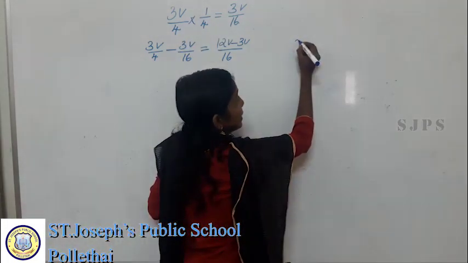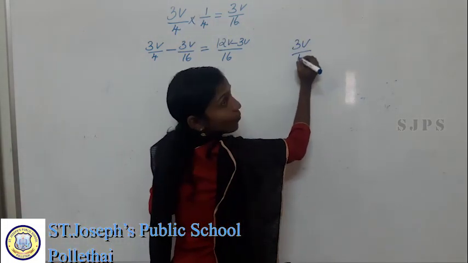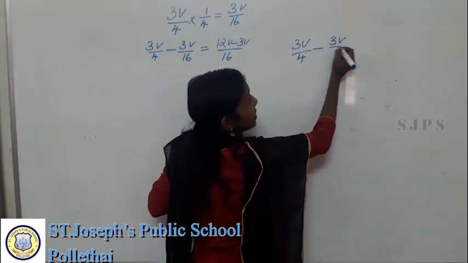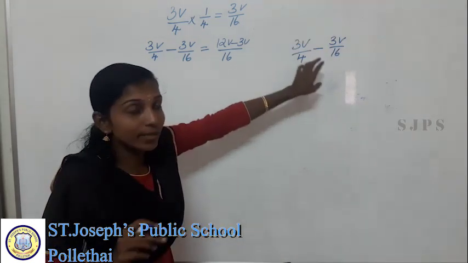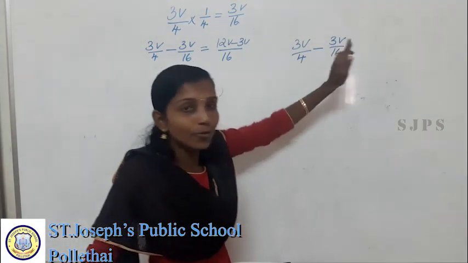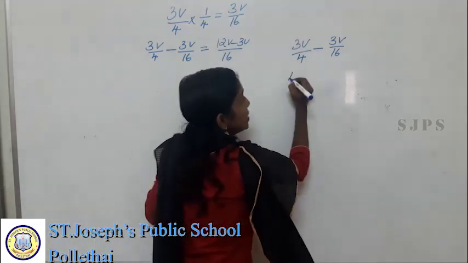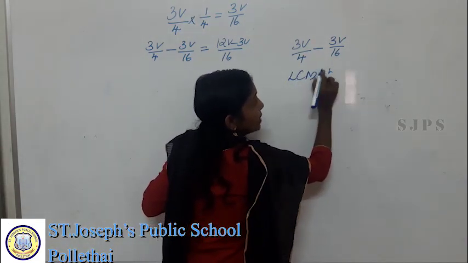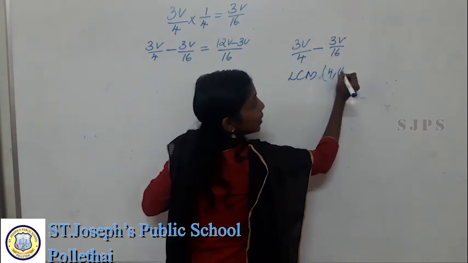Let's see 3V by 4 minus 3V by 16. In this fraction the denominators are not the same, so we want to find the LCM. LCM of 4 and 16 we want to find.